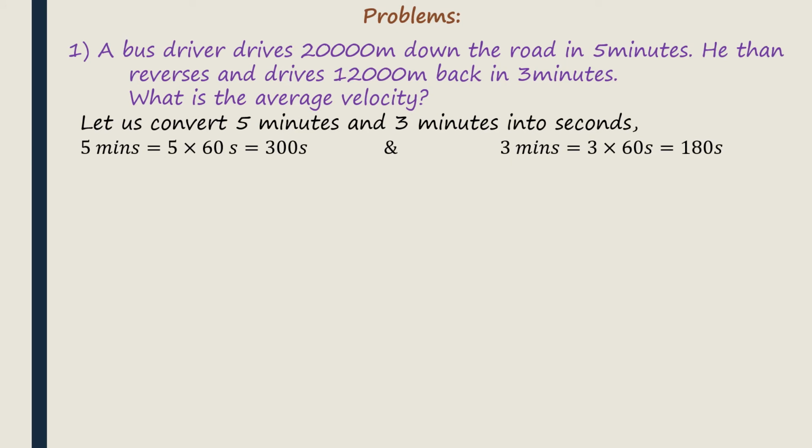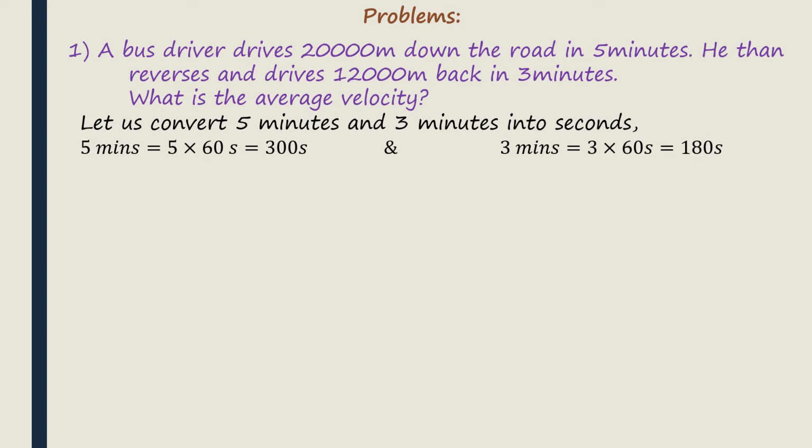First thing, as you can see here, the units are not matching. Time is given in minutes, whereas distances are in meters. Whenever we need to write the velocity, we write it in meters per second. That is the standard unit.